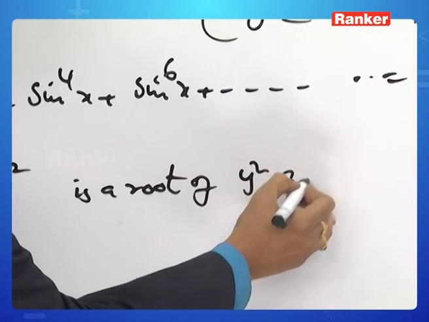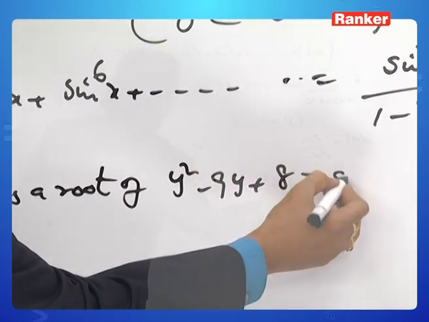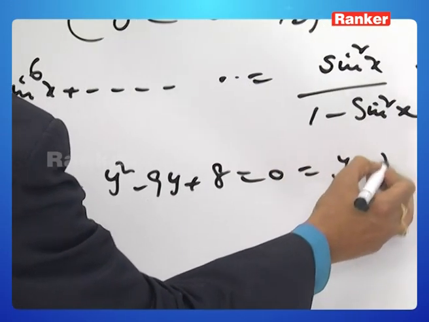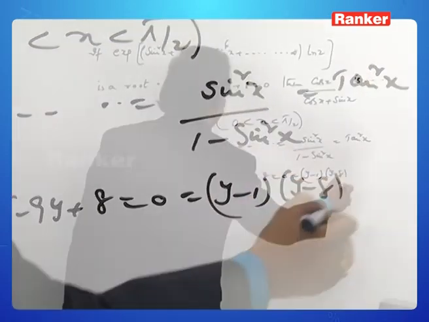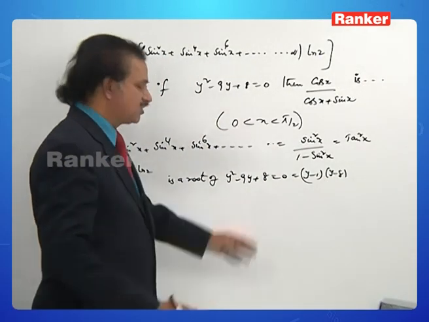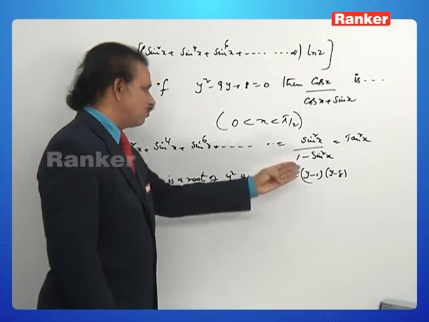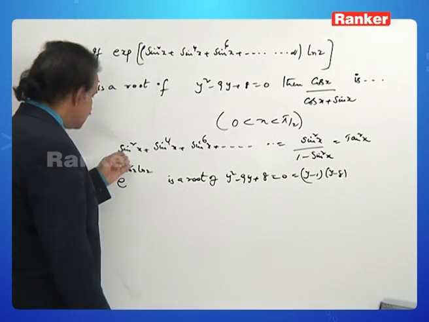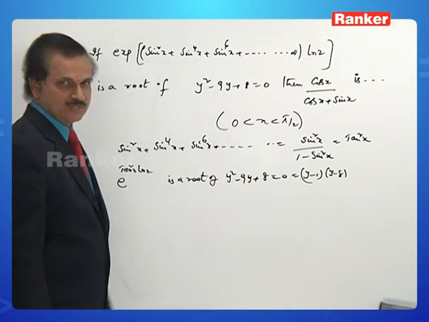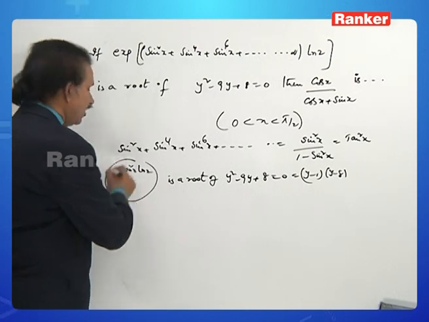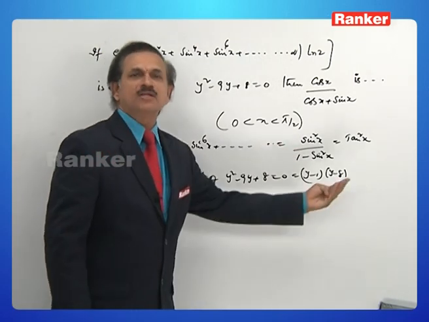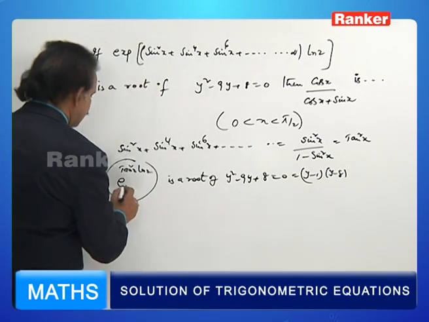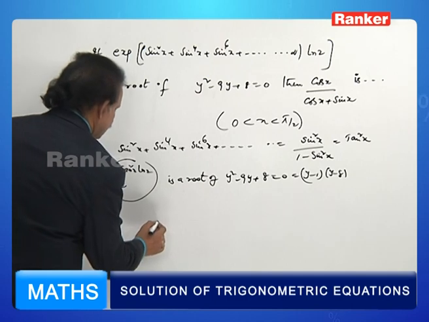Okay, e power tan square x into ln 2 is a root of y square minus 9y plus 8 is equal to 0, and you can write this equation as (y minus 1) into (y minus 8). It's very simple, and it is clearly visible that the roots of this equation are either 1 or 8. But you see, this is a root of that equation. So this expression is either equal to 1 or equal to 8. So two cases will now arise. E power tan square x into ln 2, what is that?